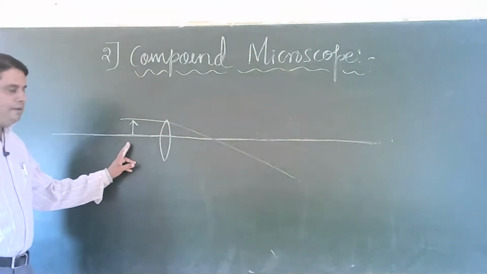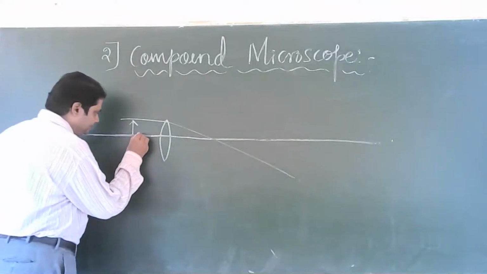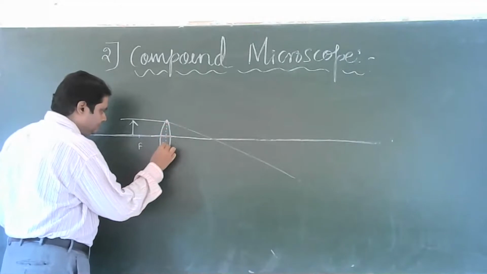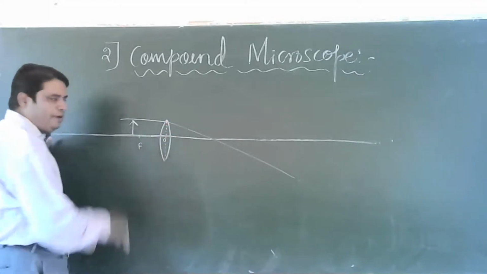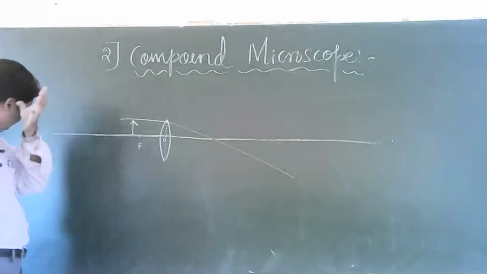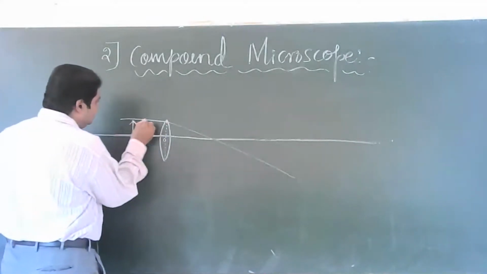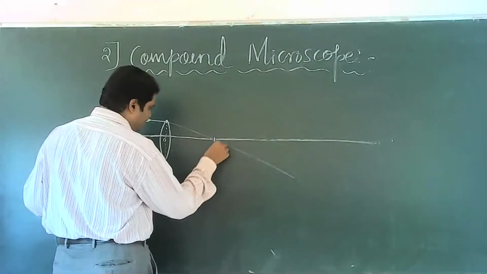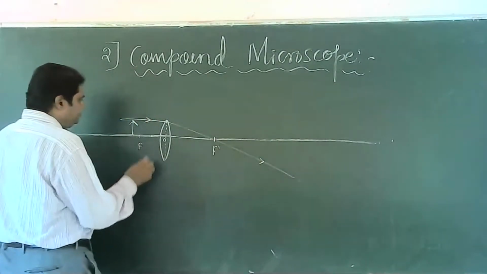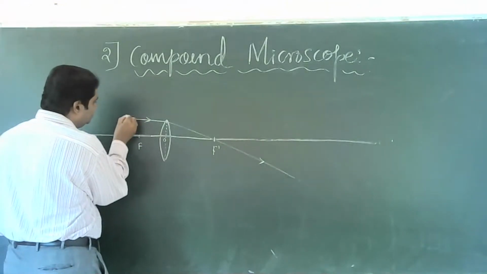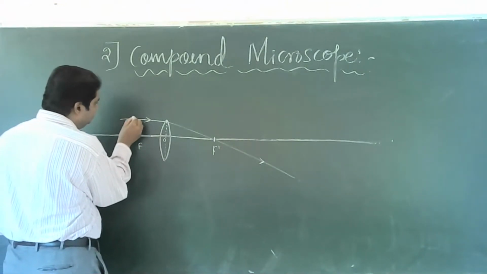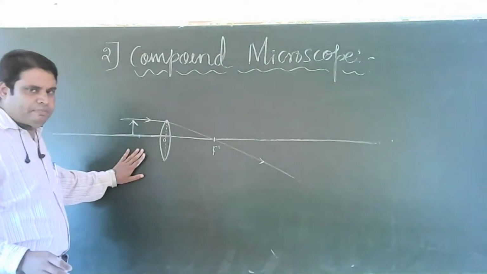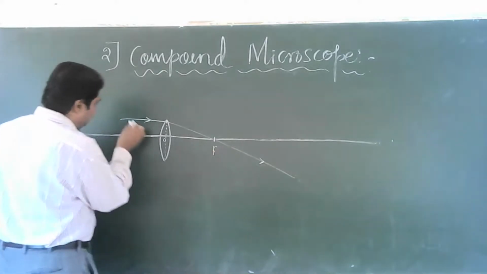Remember, this object is placed beyond F. This is F, this is O. This is beyond F. Okay, this is the second principal focus. Anyway, this is beyond F. I write F only.